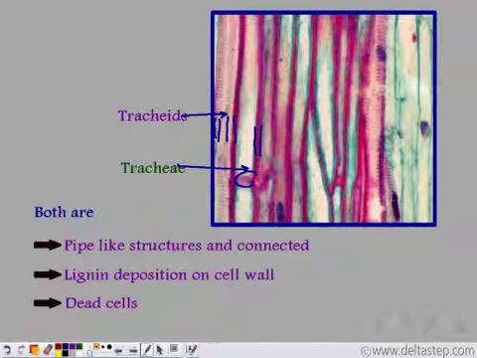Because the cell walls are thickened due to lignin, the space within the cell has become narrower. This indicates the lack of the cellular organelles. If there are no cellular organelles, then the functions that the cellular organelles perform won't take place, and that indicates dead cells. So the tracheids and the trachea, both of them are dead cells.